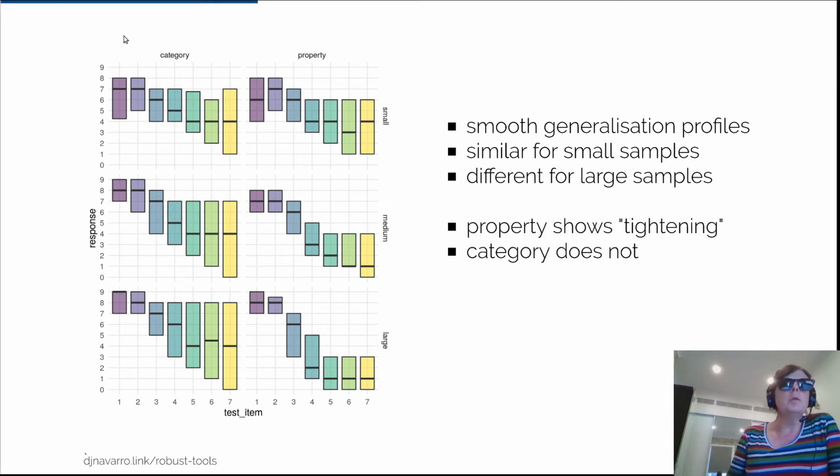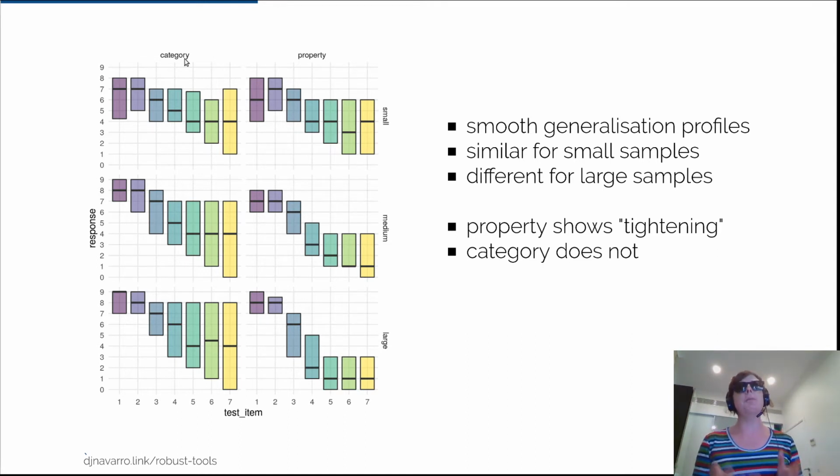On the left you've got test item 1, the very, very small rocks, all the way up to test item 7, the very, very large rocks. In every condition, regardless of sample size, people think that small rocks are more likely to have plaxium than large. That makes sense because the only thing you've ever seen are small rocks with plaxium on them.